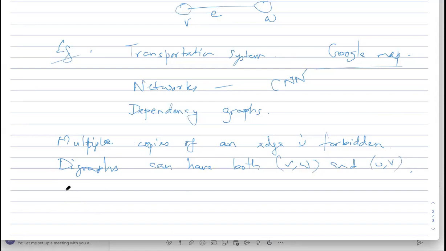And you can have a self edge, which would be V. So in the directed graph, it is more obvious like this. In the undirected graph, it may look like this. So you will have V and there's an edge going around.